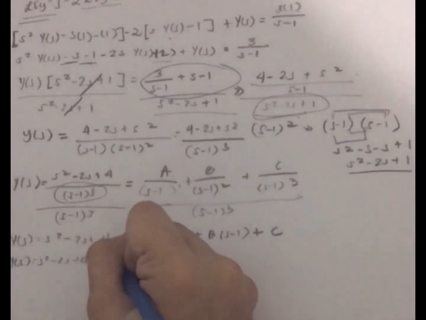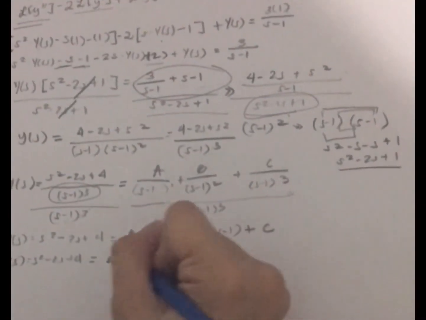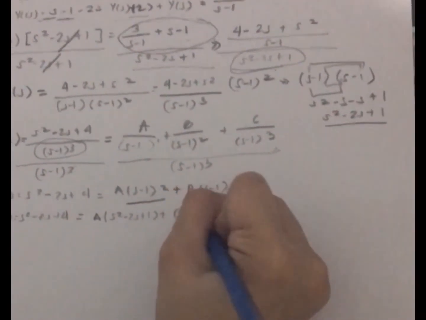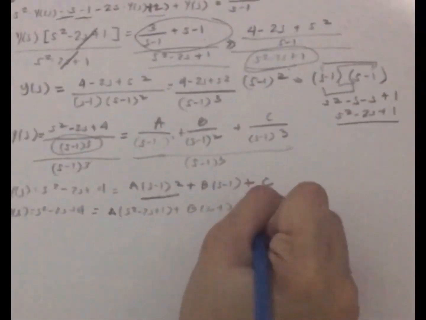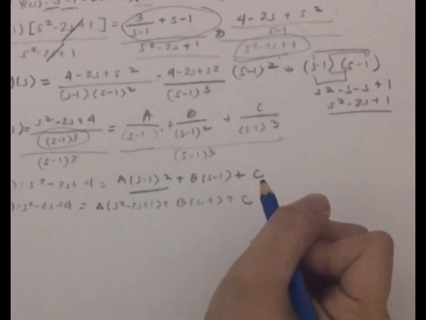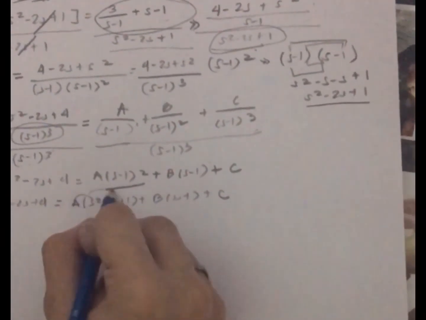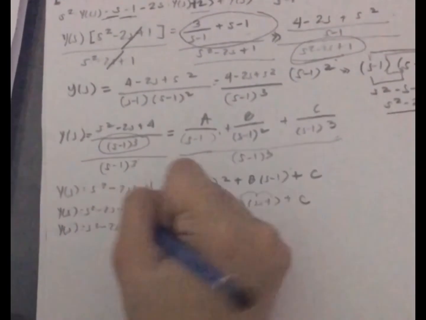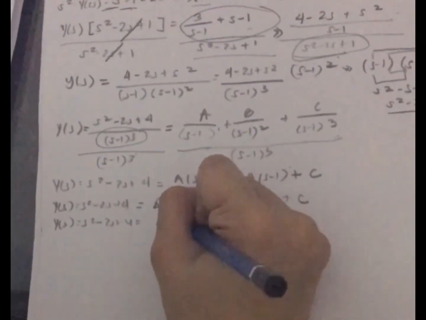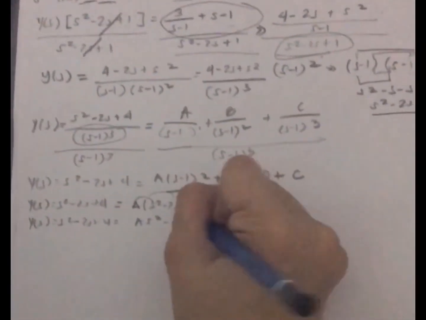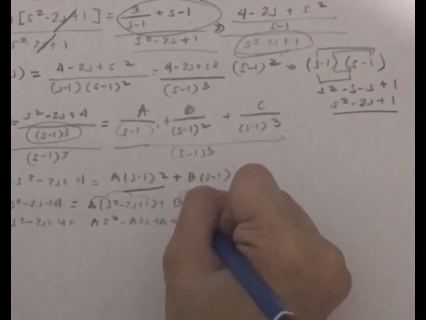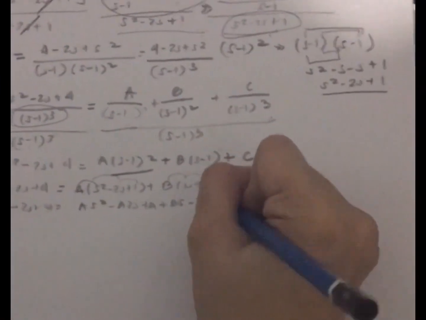So A times s squared minus 2s plus 1, plus B times (s minus 1), just copy, and C. So here we need to distribute this thing here and this one here. I'll copy this again. s squared minus 2s plus 4 is equal to As squared minus A2s plus A plus Bs minus B plus C.